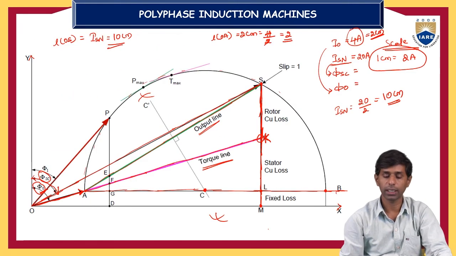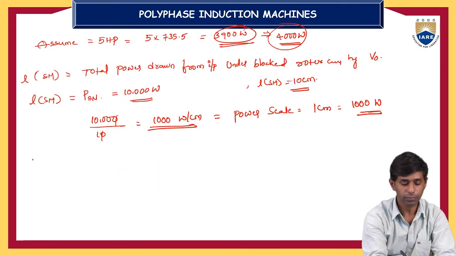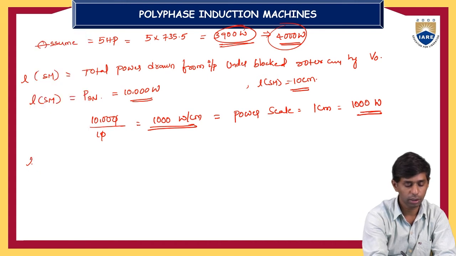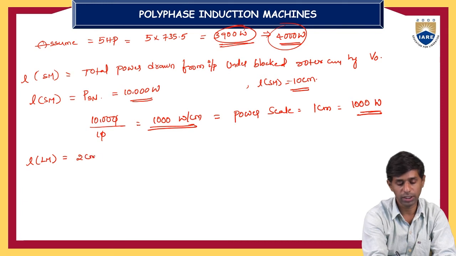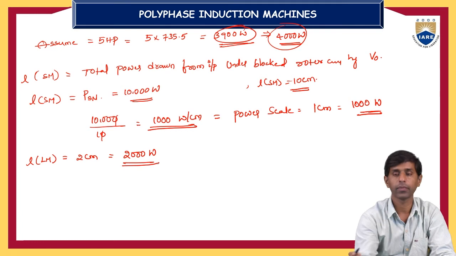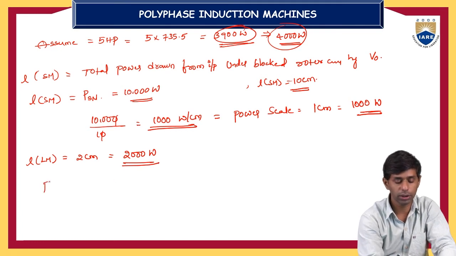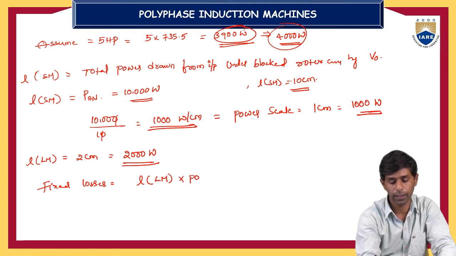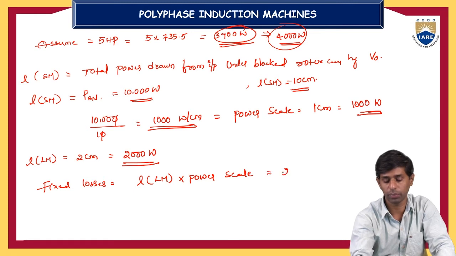Similarly, find out constant losses, that is the length of the LM. Length of the LM, for example, is 2 centimeters. Then 1 centimeter equal to 1000, so it is 2000 watts. Nothing but the fixed losses, how can we write? It is equal to the length of the LM into power scale, which is 2 centimeters into 1000 watts per centimeter.